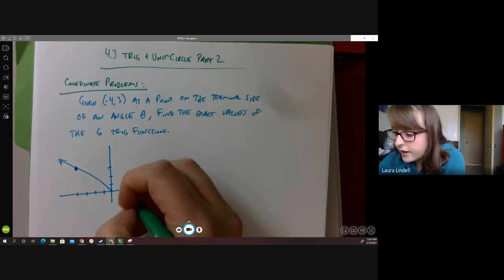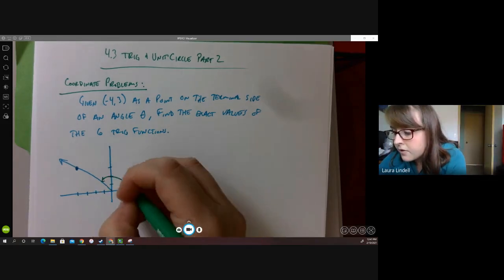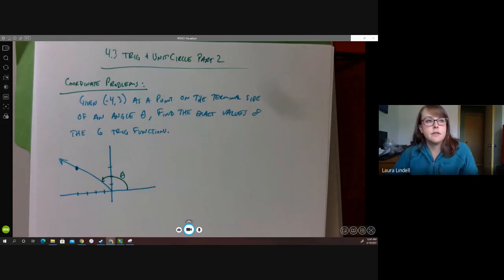This angle theta is from the positive x-axis, going in a counterclockwise direction. And we want to find the values of the 6 trig functions, but this one is not on the unit circle. So sine is y and cosine is x kind of goes out the window for the moment.